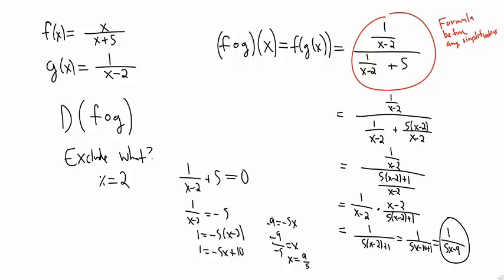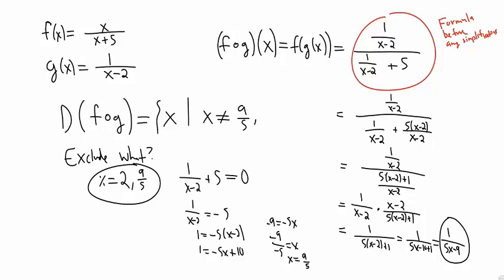This does make the outside denominator 0, so we now know what to exclude. The domain is the set of all x's such that x is neither 9/5 nor 2. Again, use the formula before any simplifications.